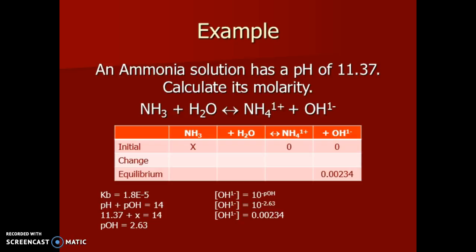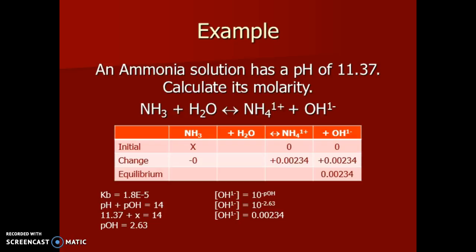Now that's very interesting. If I'm going from 0 to 0.00234, that must mean that my change in hydroxide was 0.00234. And it has to be the same across the board, except that since the Kb value is 10 to the negative fifth, there's no change to any initial concentration.